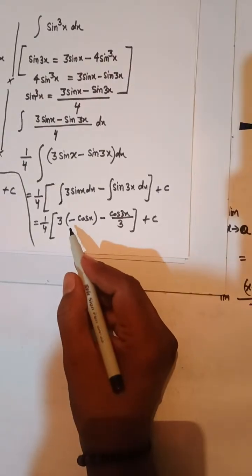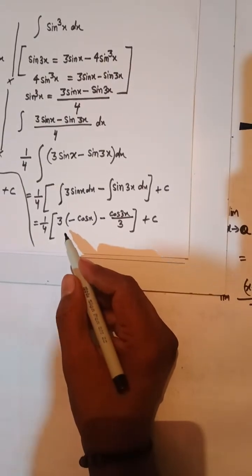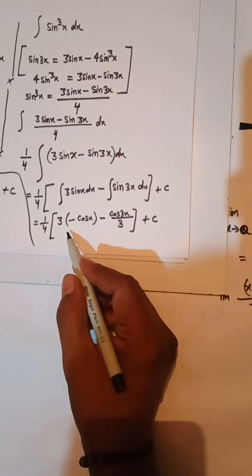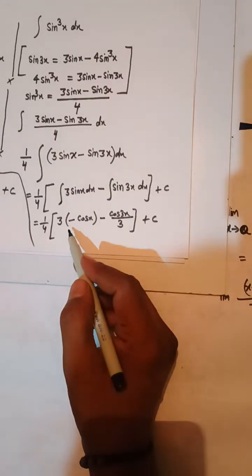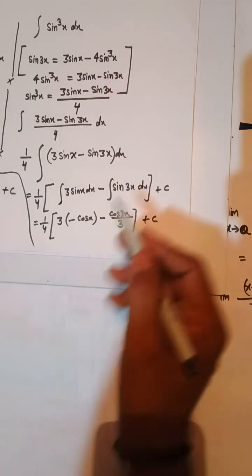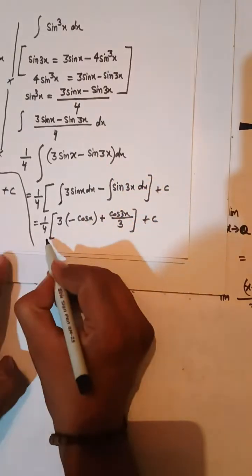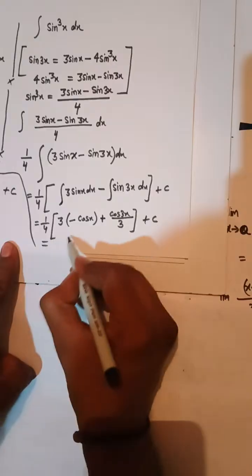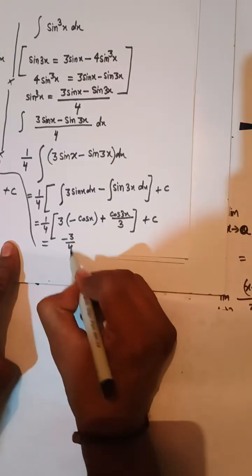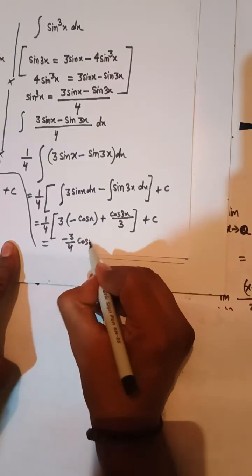Okay, this is our solution, but before representing this one, we need to do one more calculation. Yeah, minus sign is there, this minus will be plus here. So we have negative 3 by 4 cos x.